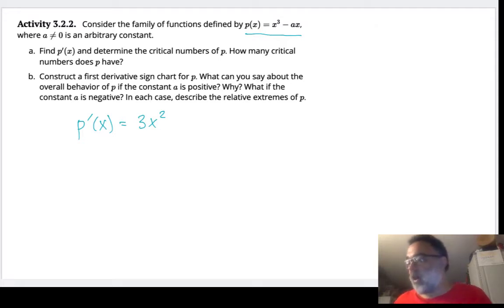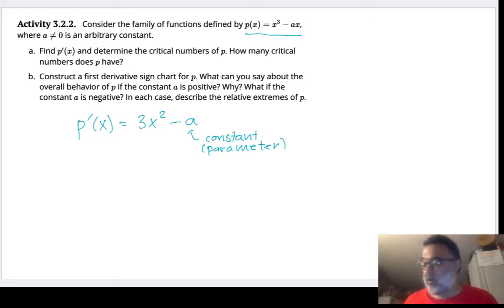Okay, so I could just as well think about this as minus 2x. And the derivative of minus 2x is going to be the constant minus 2. So same thing in this case, the derivative is the constant minus a. So it's a constant, even though we've got this fancy name for it, parameter.